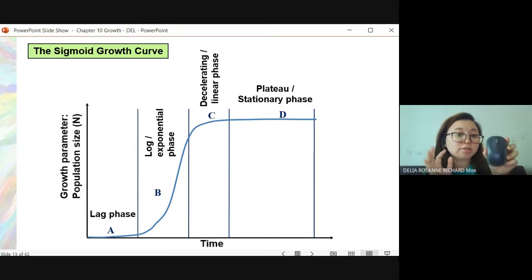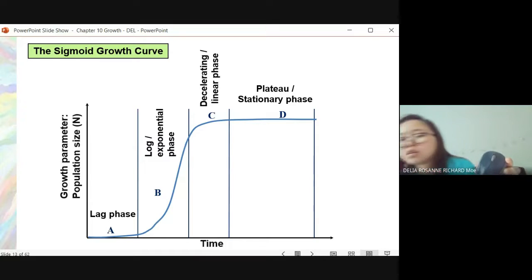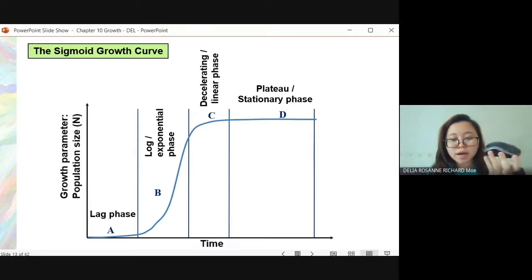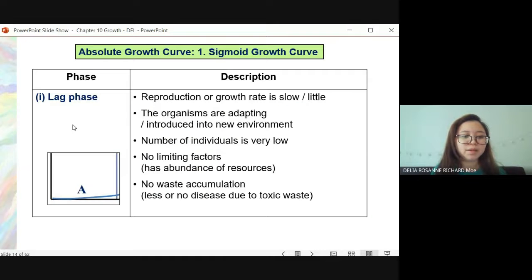Kita boleh gunakan graph yang sama untuk menjelaskan pembesaran yang berlaku pada badan anak kucing itu, ataupun pada bakteria dalam sesuatu koloni. Cuma kamu pandai-pandai ubah ayat sedikit. Okay.